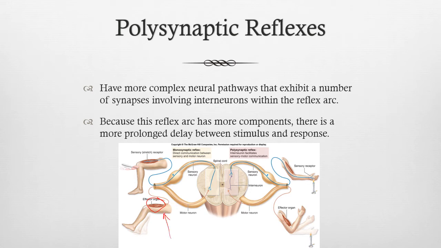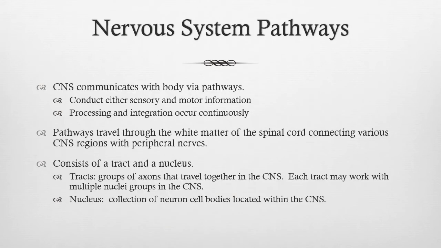So if we're going to contract the quadriceps, we're going to have to inhibit the hamstrings at the same time. And so it's a little bit more involved. It does take a moment for the process to get going, and so we can sometimes see a little bit of a delay in the response.